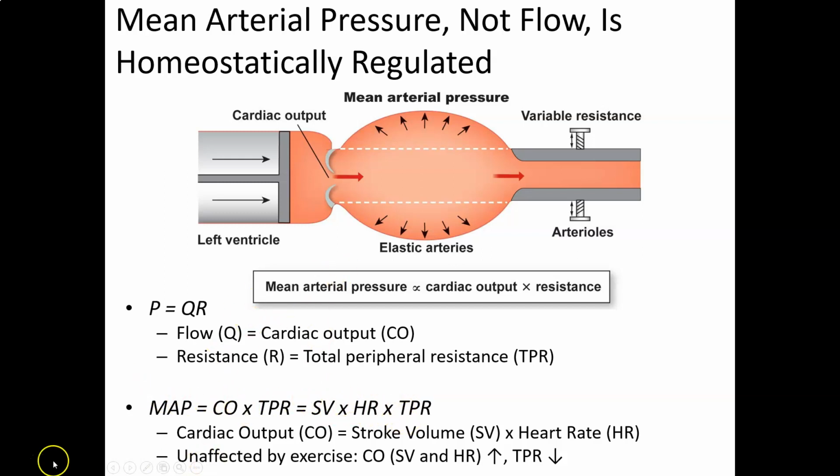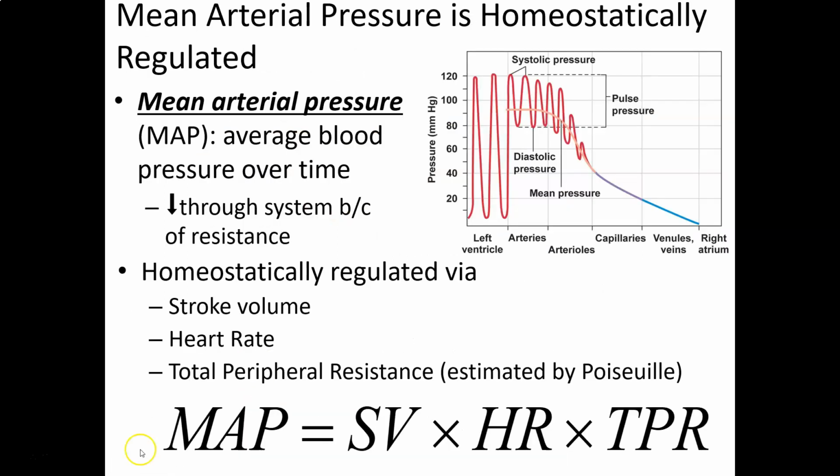So these are the other two formulas I want you to understand and know as well. For mean arterial pressure, we have a whole bunch of different ways to measure it, and it really depends on what variables we have as to what equation we will use. And this is the key: mean arterial pressure equals stroke volume times heart rate times TPR.